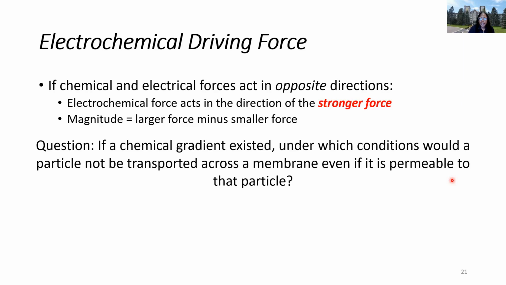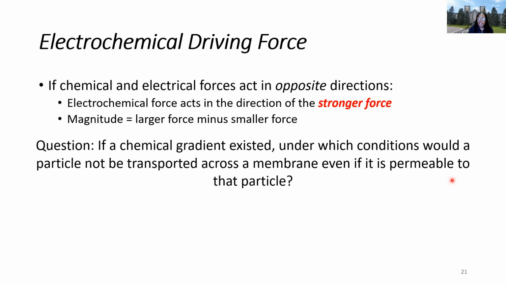Okay, now here is somewhat of a teaser question, a challenge question. If a chemical gradient existed, under which conditions would a particle not be transported across the membrane, even if the membrane was permeable to that particle? Okay, so I'm going to give you a minute or two to ponder this, but let me break the question down one more time.